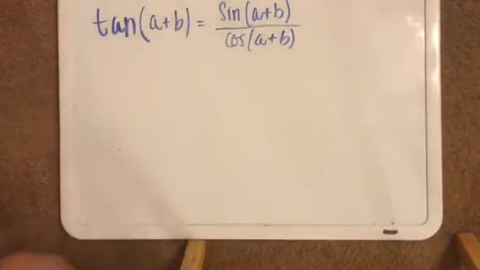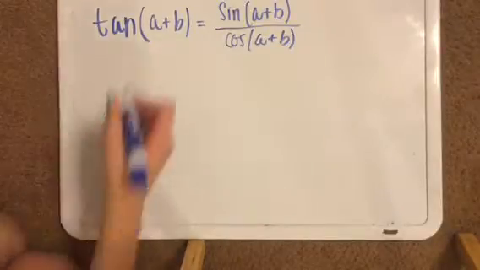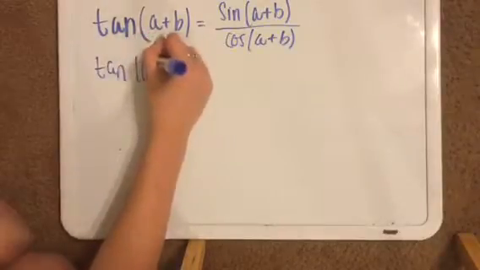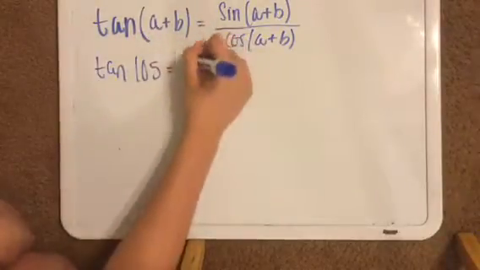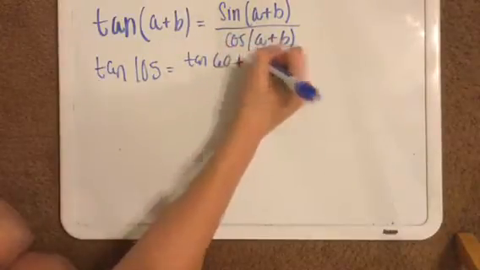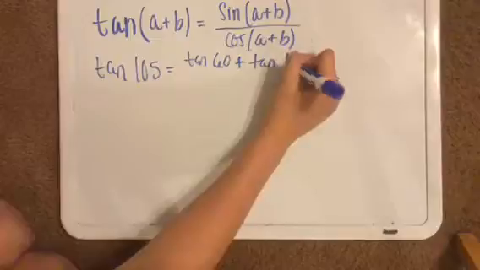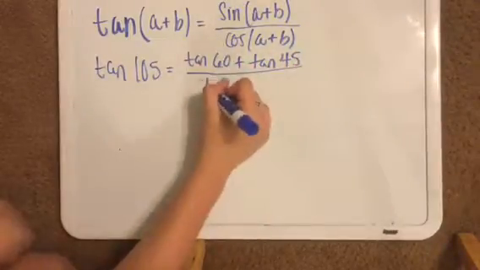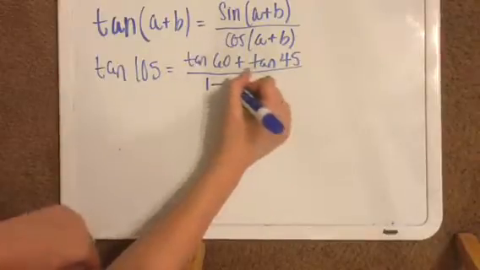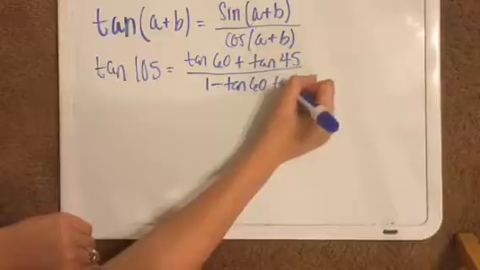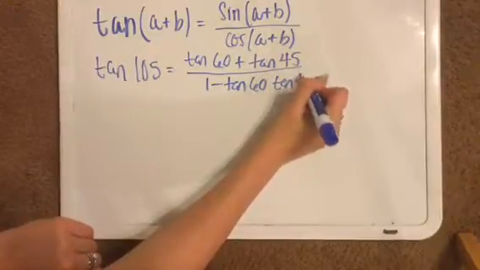This is the equation I just had on the board, and the numbers we're going to be using today are tangent of 105 is equal to tangent of 60 plus tangent of 45 over 1 minus tangent of 60 times tangent of 45.